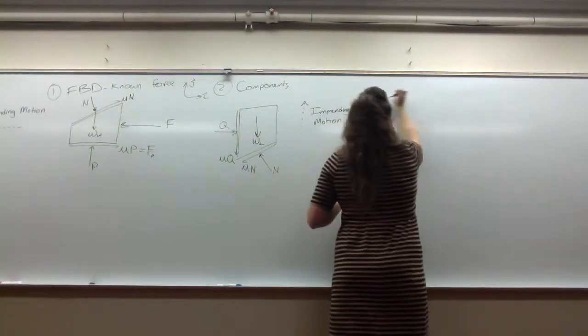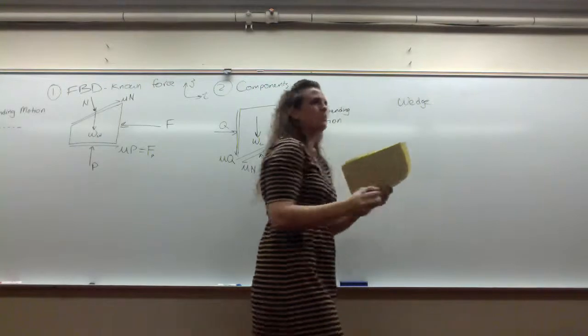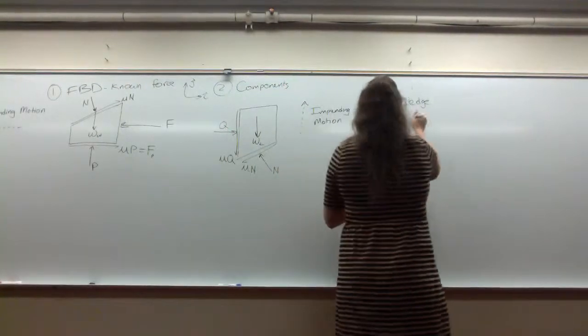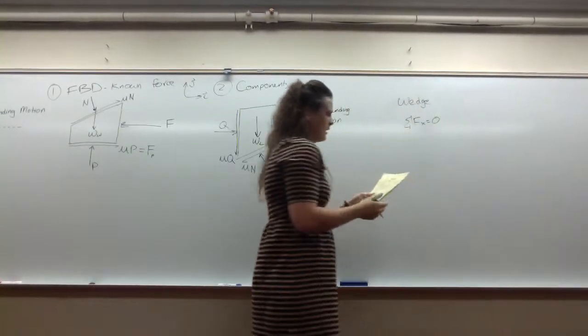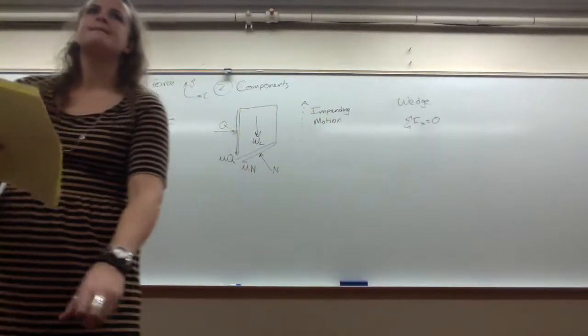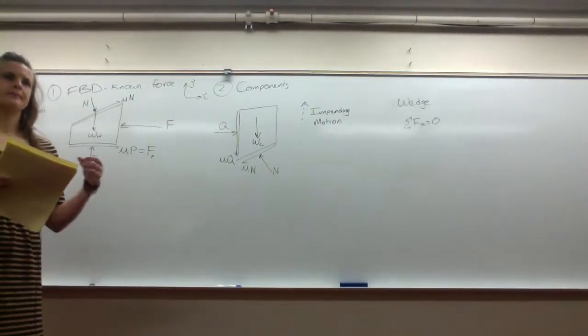So if we start with our wedge, we apply our equations of equilibrium to the wedge. If I sum the forces in the x direction, what's in there? What do you think, Sergio?